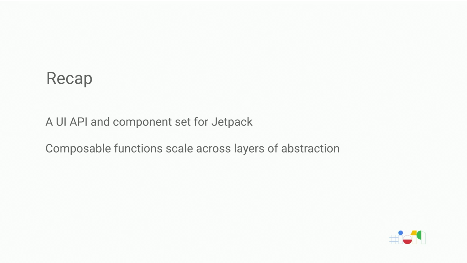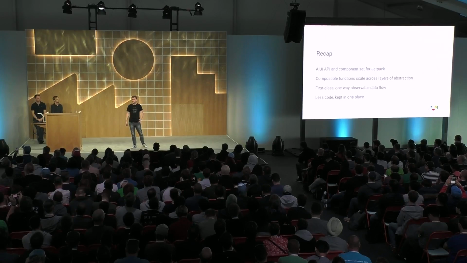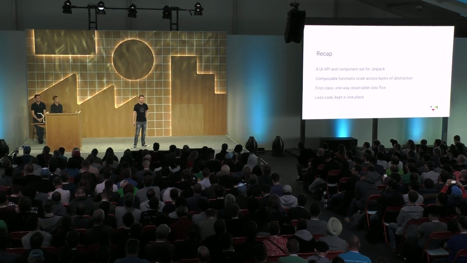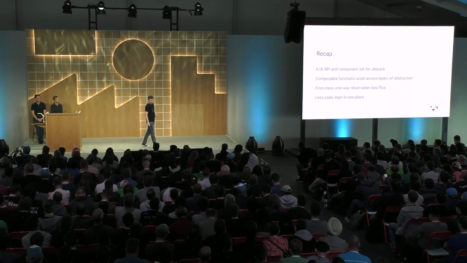A composable function can do the same sorts of jobs as a fragment, or as a custom view group, or even as something as small as a single button. We've established this guideline of one-way observable data flow as a first-class concept, and we're building the system to make it easy to stay on this happy path. And finally, you have less code and you can keep it in one place. You don't have to split your focus across multiple files just to write a piece of your UI.